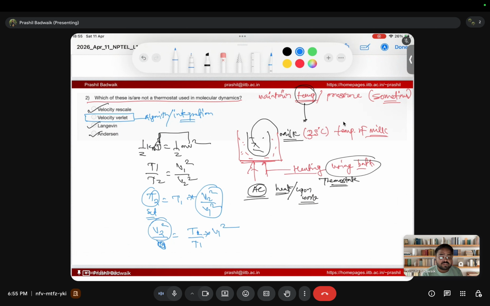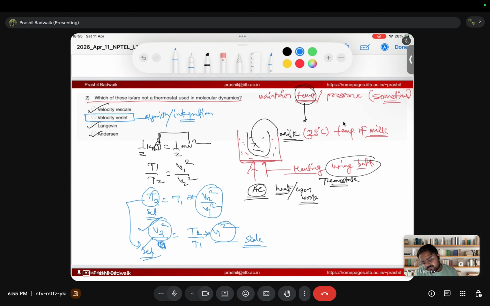So V2 is the velocity that we have to adjust. This is the set velocity corresponding to T2. And what we have to do is scale this velocity. It is called rescaling the velocities to get the accurate velocities which correspond to the temperature that we want to set, that we want to keep constant.